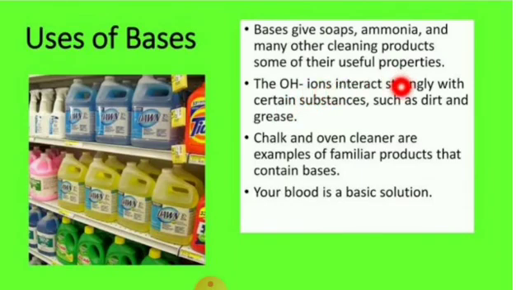Washing and cleaning, right? So the OH ion attracts the dirt from our shirts or dresses. Chalk and oven cleaner are examples of familiar products that contain bases. Next, your blood is a basic solution. Important point.